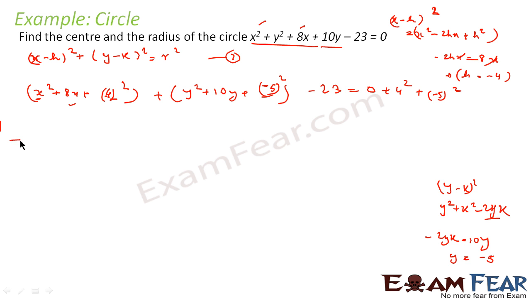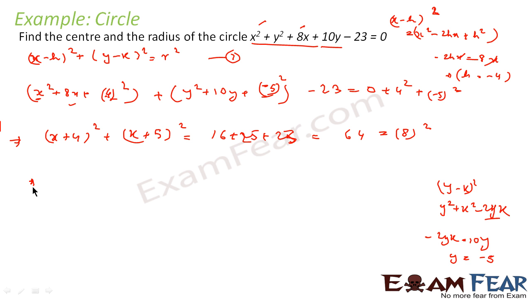So this equation becomes x square plus 2 into 4 into x plus 4 square, which is x plus 4 whole square, and y square plus 2 into 5y plus 5 square, which is y plus 5 whole square. On the right side we get 16 plus 25 plus this 23, which is nothing but 64, and 64 is nothing but 8 square.